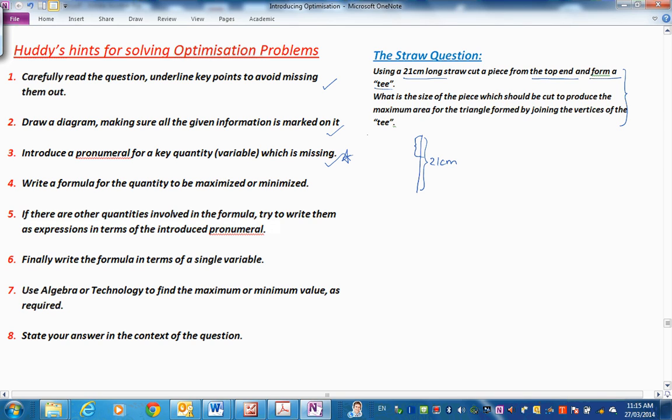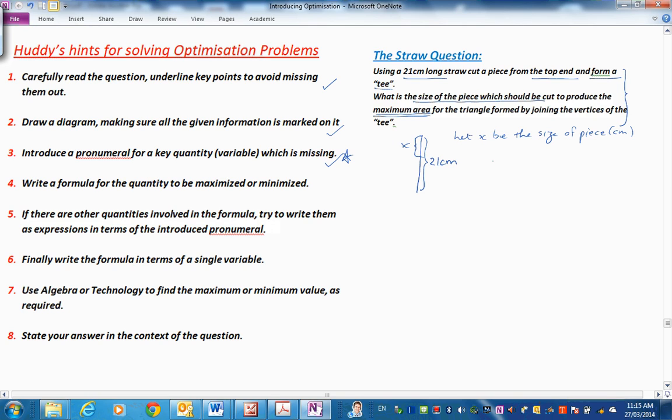Draw the diagram, marking on it the information. What size of the piece should be cut? Let X be the size of the piece, in centimetres. To produce the maximum area, that's why it's optimisation, the best solution, the biggest or the smallest value.